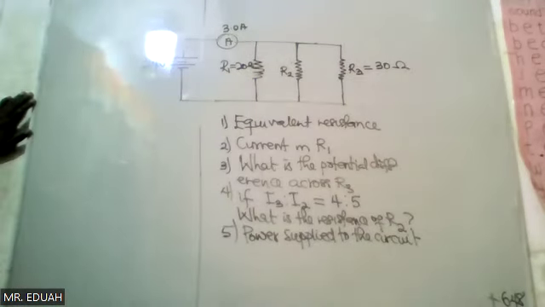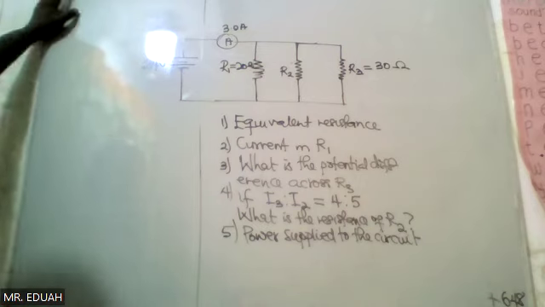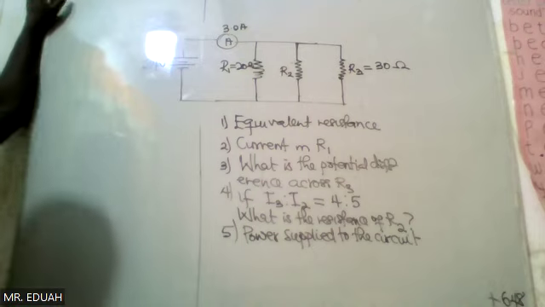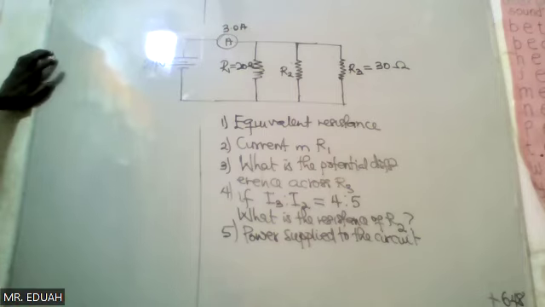Okay, so what is the equivalent resistance? What is the total resistance? 8 ohms. How did you get that? Can you share with us?